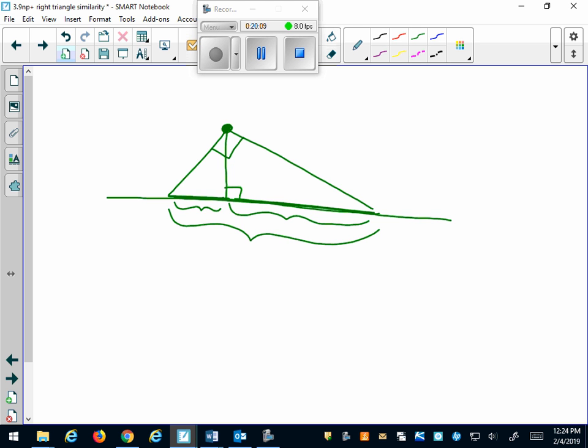My trick is keeping in mind that this is the geometric mean of two of those parts. This one is the geometric mean of two of those parts.